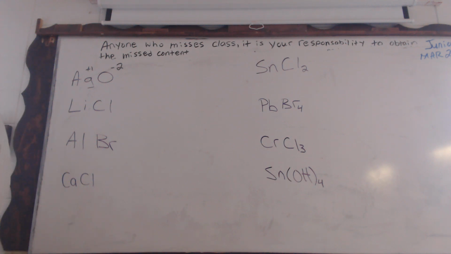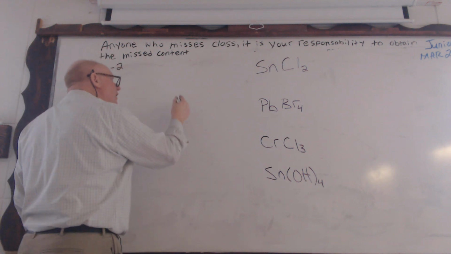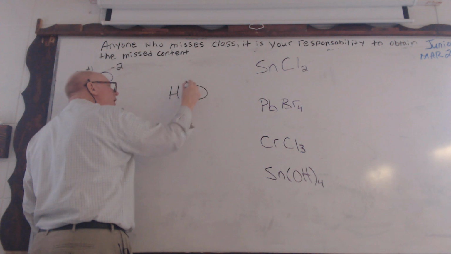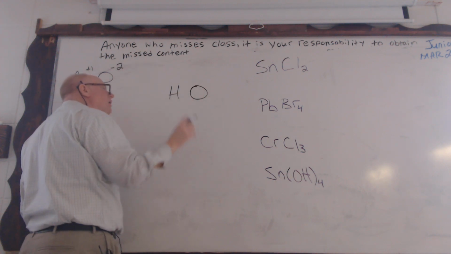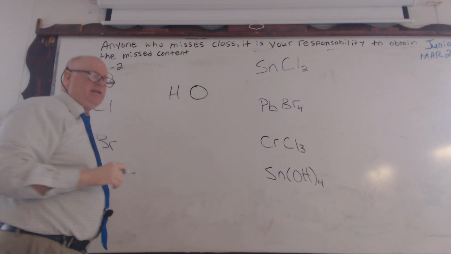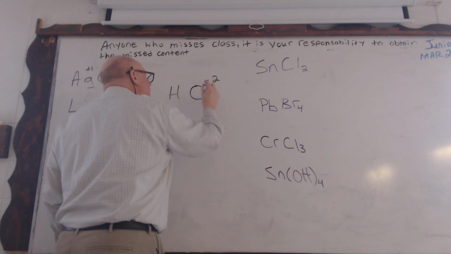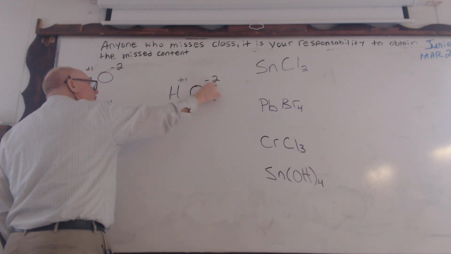An example that you're very well familiar with would be, for instance, the formula for water. Okay, now you don't need to write this down. We're just making a comparison here. Because what is the charge of oxygen again? Negative what? 2. And then hydrogen has a charge of positive what? 1. So notice our charges are the same.